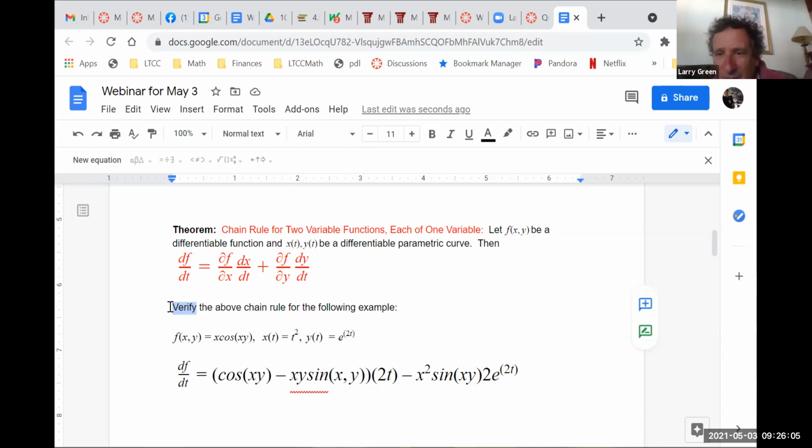Where are the t's coming from? Are they just chosen, or do they relate to the well, they're given in the question. So in the question, x of t is t squared and y of t is e to the 2t.